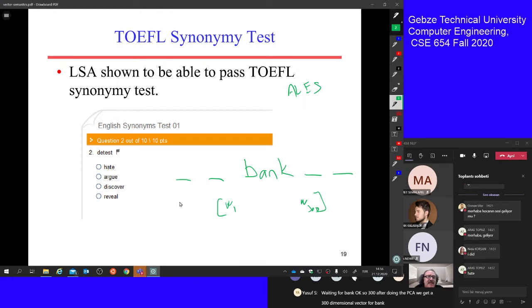But now I am saying that the word bank has many different meanings. There shouldn't be a single vector for it. How would you handle this case? What would you do? Any ideas?